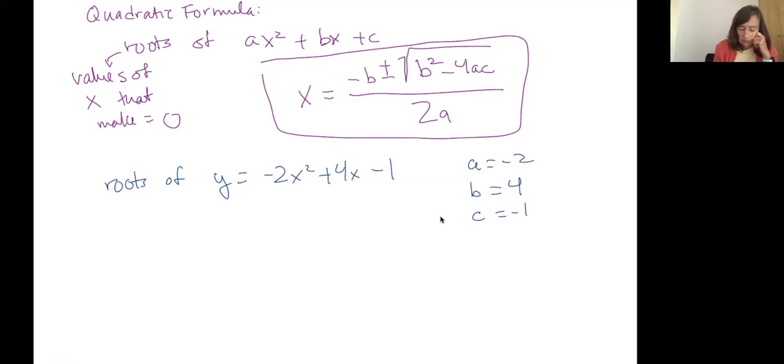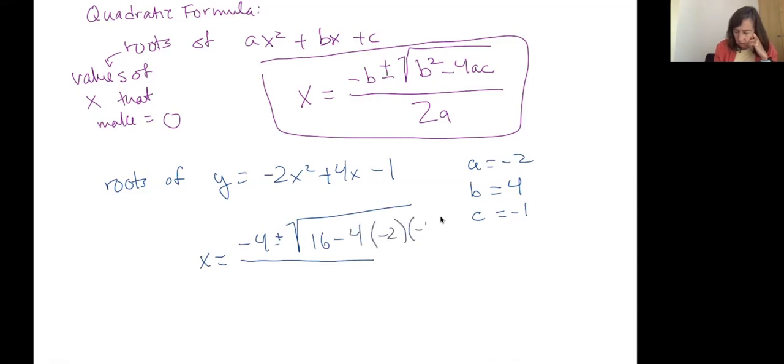Let's just plug them in so that we get x equals negative 4 plus or minus the square root of b squared. Okay, so 4 squared is 16 minus 4 times a, which is -2, times c, which is -1. Look at all those negatives piling up. That's okay, we'll sort them out. And then down here in the denominator, 2 times a, that's 2 times -2.